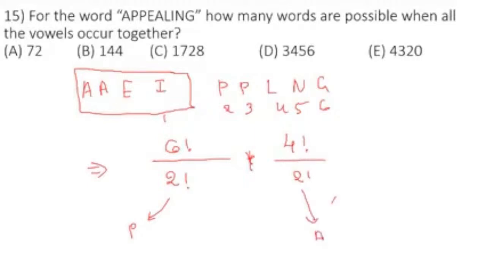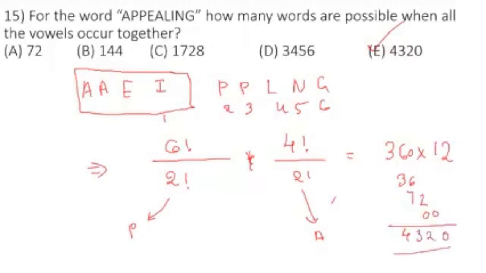So the final answer should be a multiple of 5. So the answer is 4320. Otherwise I can go further: 360 into 12, so 36, 72, 2 zeros. So the final answer is 4320.